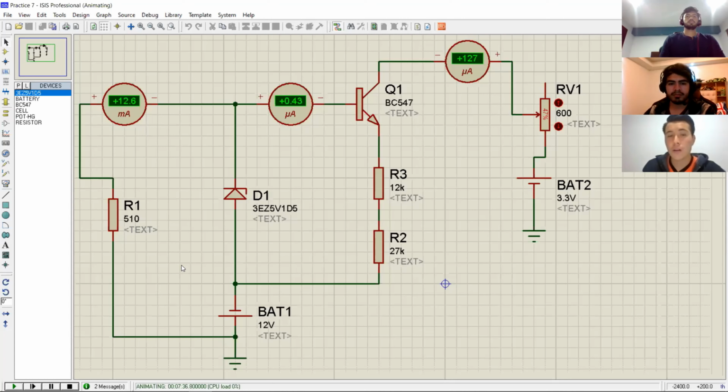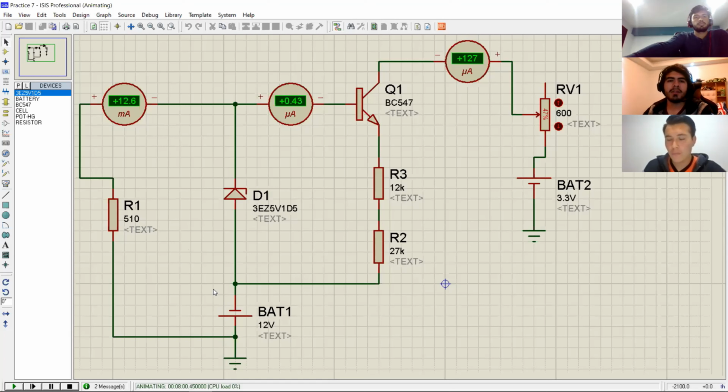That gives us approximately 300, and we are going to check if the current of the base times this beta is equal to the current of the collector. When we do the calculations, we get the same values by multiplying the 0.43 microamperes by 300. That gives us approximately 127 microamperes.